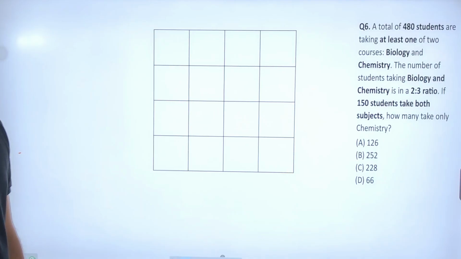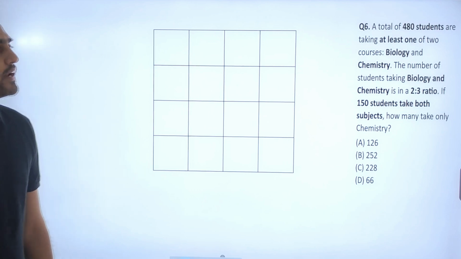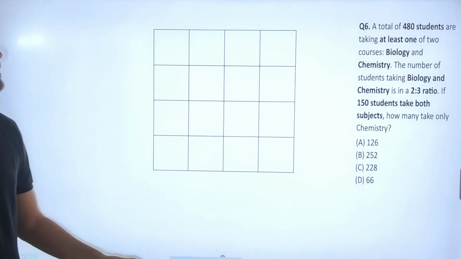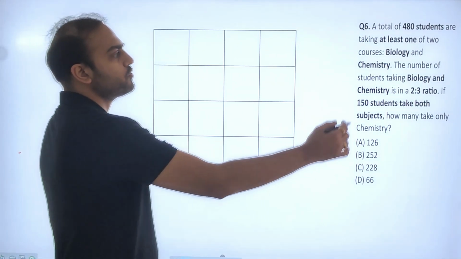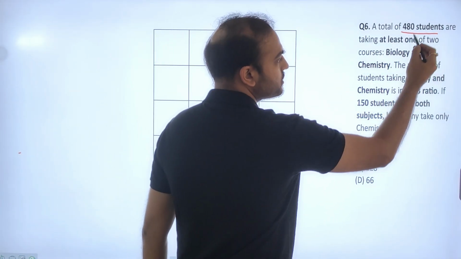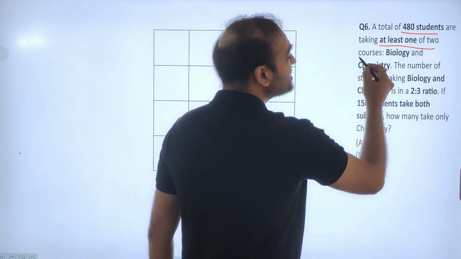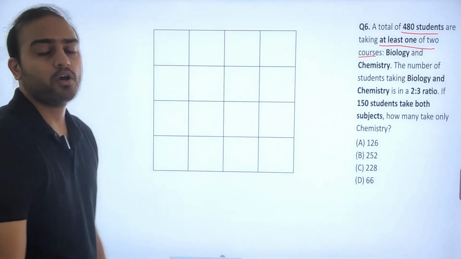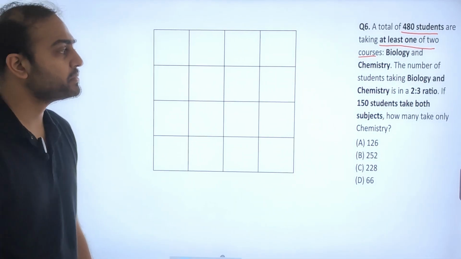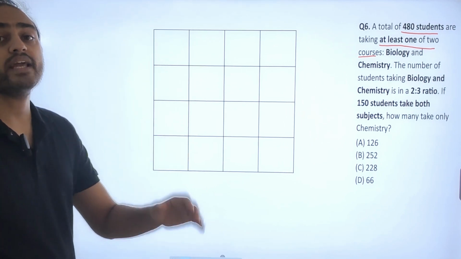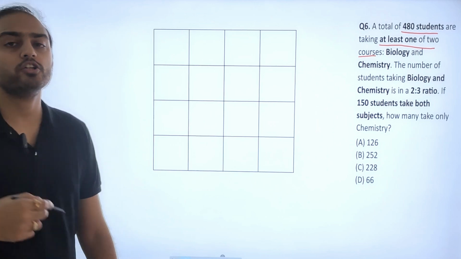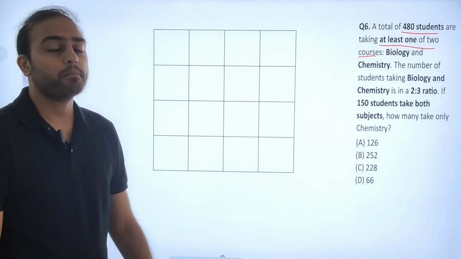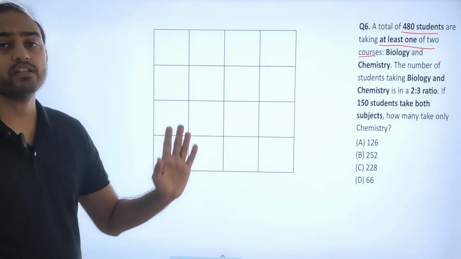Alright, now if you have read this question, there is an interesting line that you need to focus on. We have 480 students. They are taking at least one of the two courses. At least one of the two courses means there is nobody who's taking neither. Everybody has to take either biology or chemistry or both, but there is nobody who will take neither.